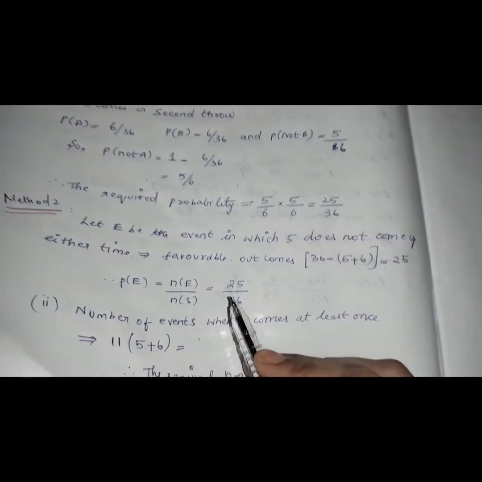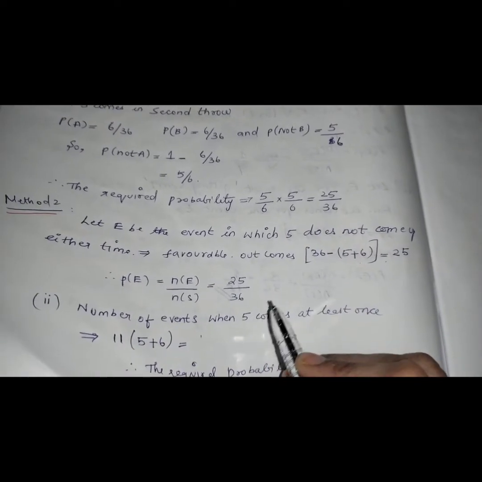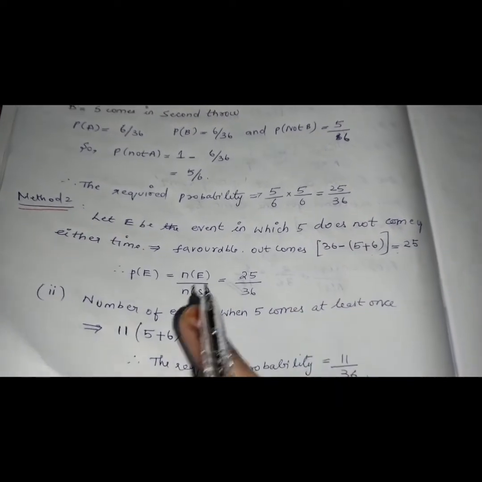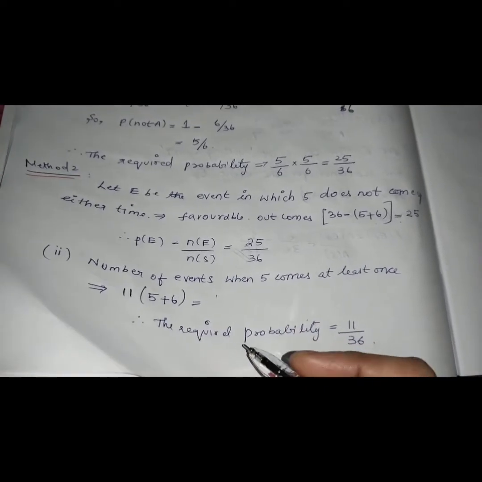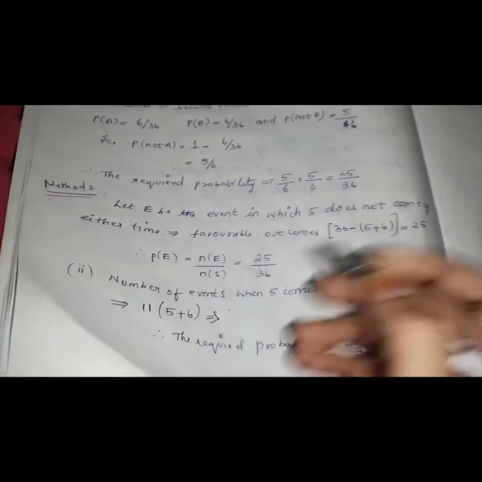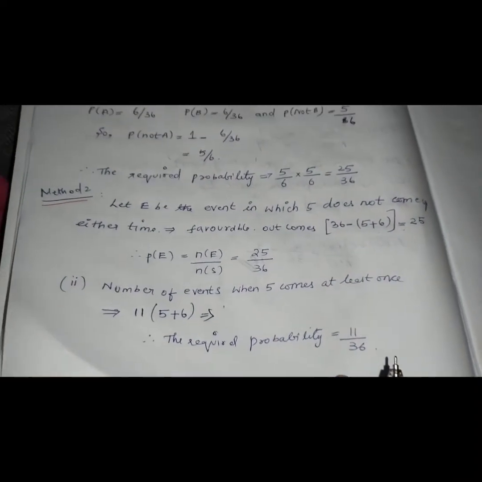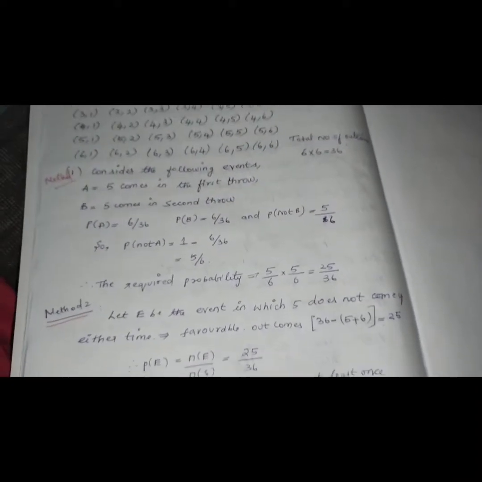So P of E equal to N of E by N of S, 25 by 36. Number of events when 5 comes at least once is 11, which is the required probability. The required probability is 11 by 36, that is our answer. So there are 2 methods, you can use whichever method you like.